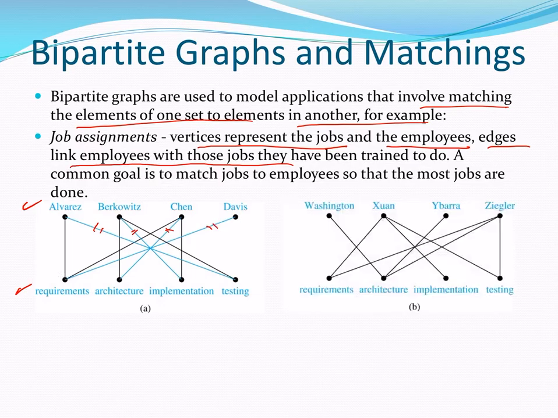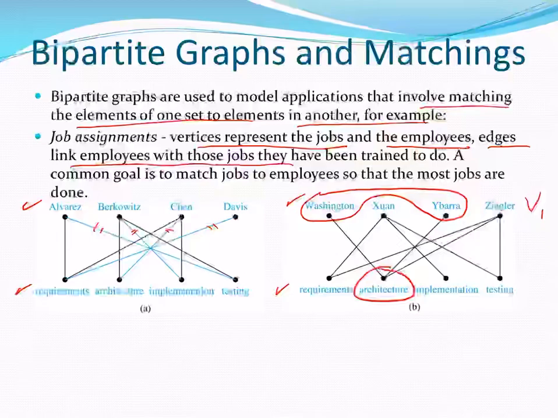On the other hand, here we have a bipartite graph that represents another set of employees with different kinds of jobs that they're trained to do. And we will not be able to find a complete matching from the employees to the jobs because if you look at Washington and Ibarra as a subset of my employees, it has a cardinality of 2, but their neighborhood has a cardinality of 1.